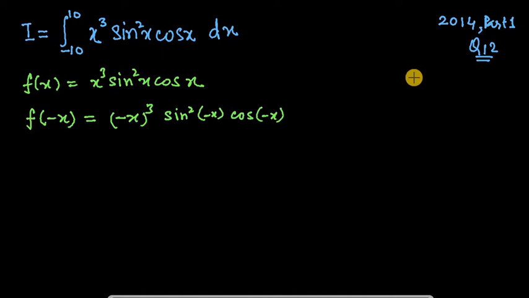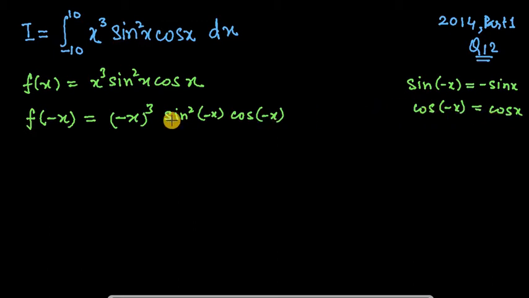Now we should remember the formula of trigonometry, that sine of minus x is equal to minus sine x, and cos of minus x is equal to plus cos x. The minus sign comes out of the sine function, but the minus sign is eliminated, or we can say digested, within the cos function. There is no remaining minus sign when it comes with cos, so this is plus cos x.